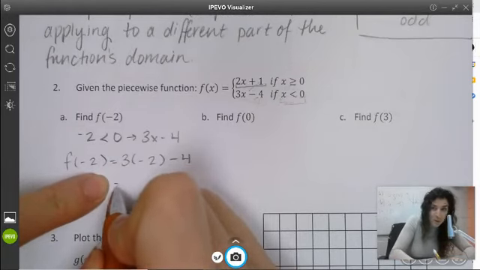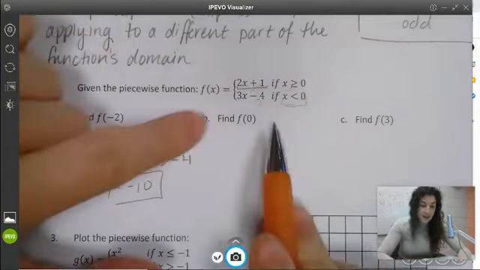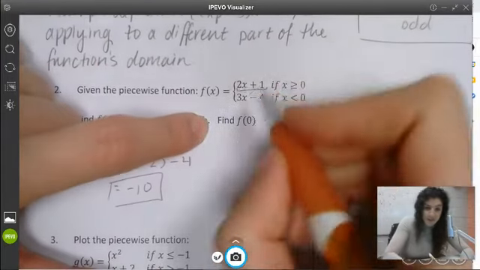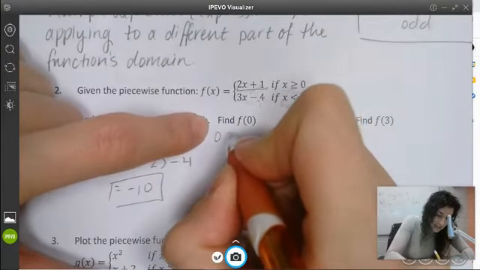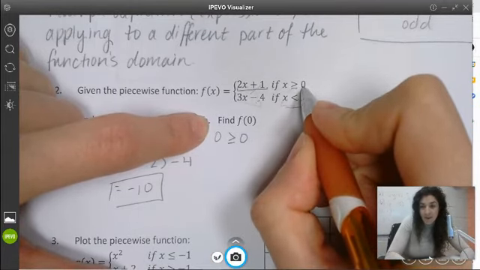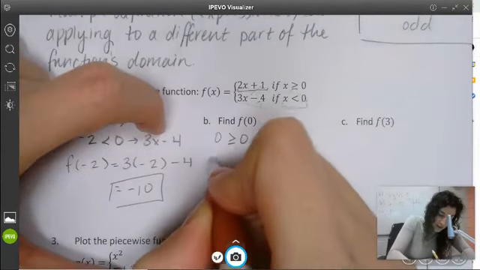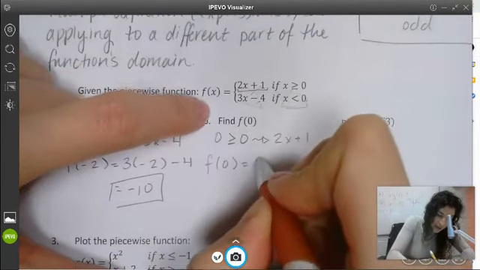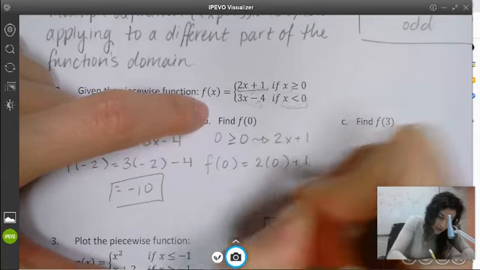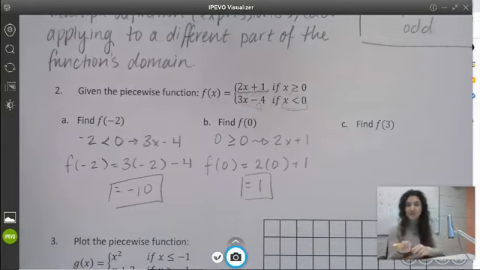So that's negative 6 minus 4, which is negative 10. Now f of 0. Since 0 is greater than or equal to 0, it falls under this part of our domain, so we're talking about 2x plus 1. So f of 0 would have to be 2 times 0 plus 1, which is positive 1.